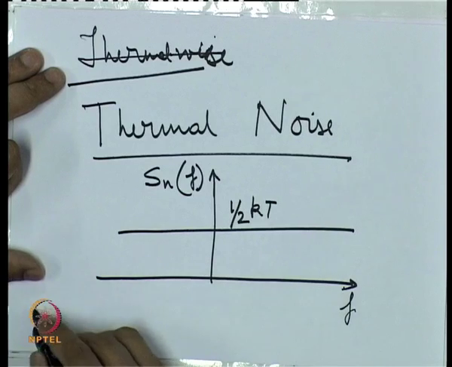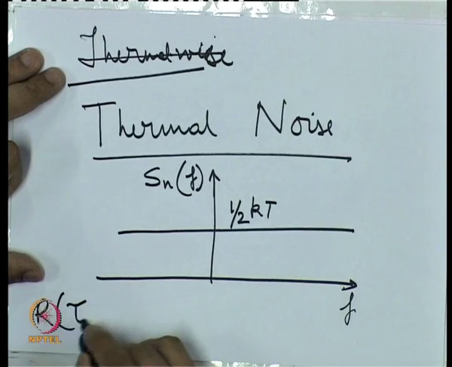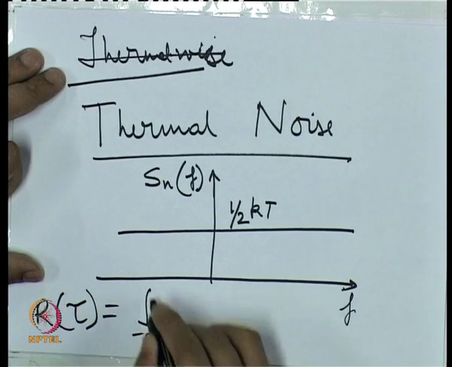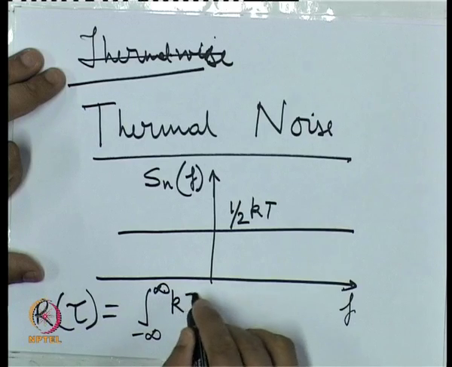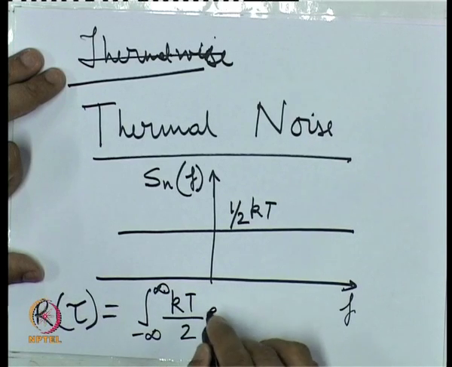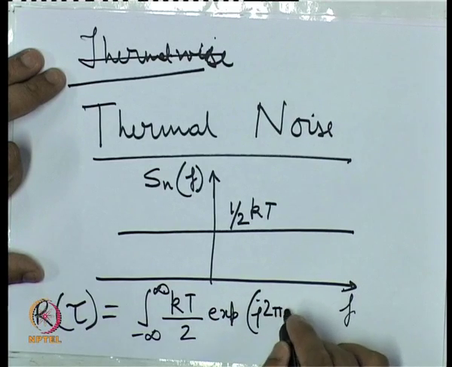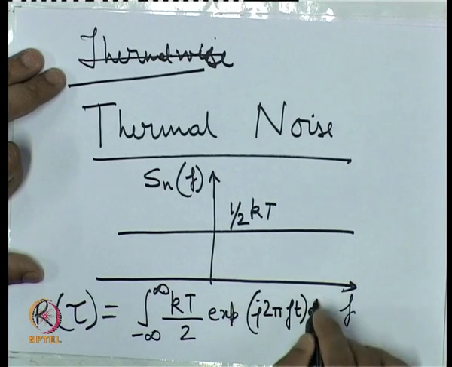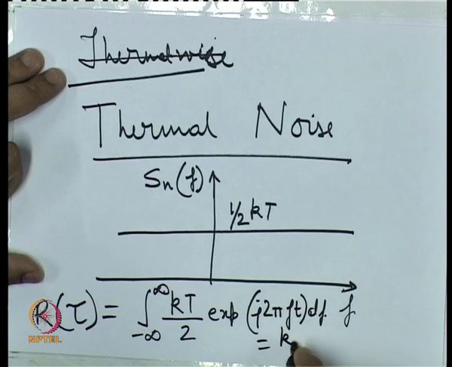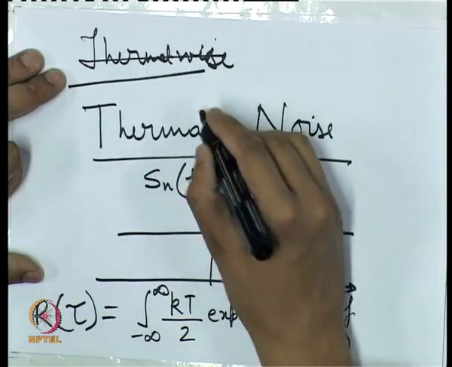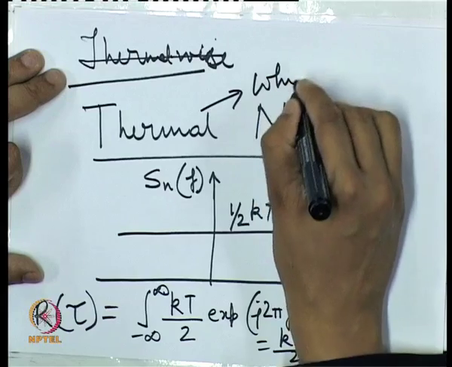The autocorrelation function for this thermal noise is given by this equation. This thermal noise is also known by the term white noise.